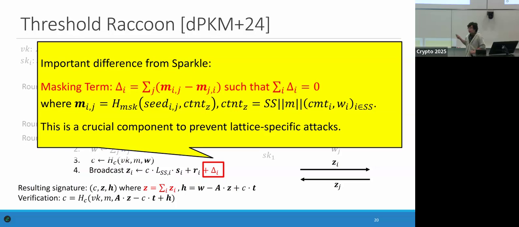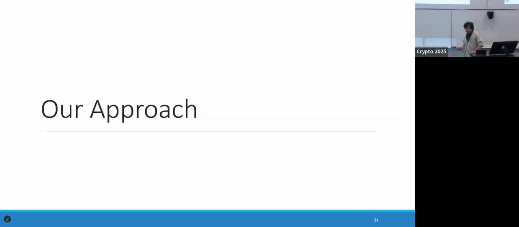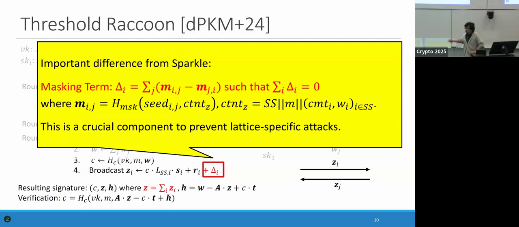These terms are additive secret shares of 0. The vector M is deterministically computed from the pairwise seed and protocol messages so far. This is a crucial component to prevent lattice-specific attacks in the threshold signatures context. Looking ahead, this masking term is the main obstacle to constructing an efficient IA protocol.